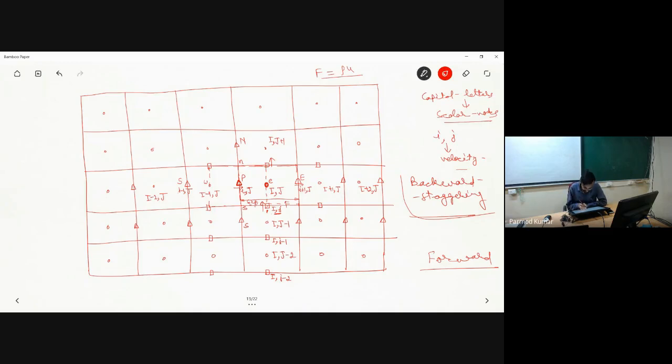In the x direction I find two faces: this is my east face and this is the west face. Can you tell me the indices for the east face? It is small i plus 1 comma j, and for the west face it is small i comma j.